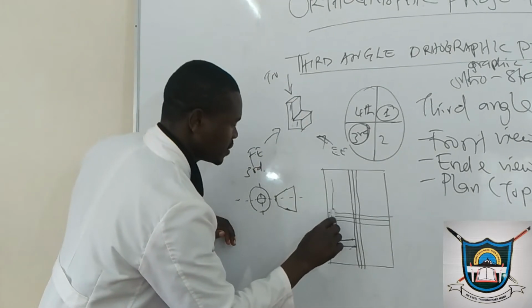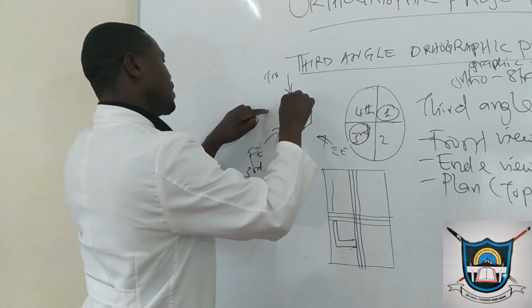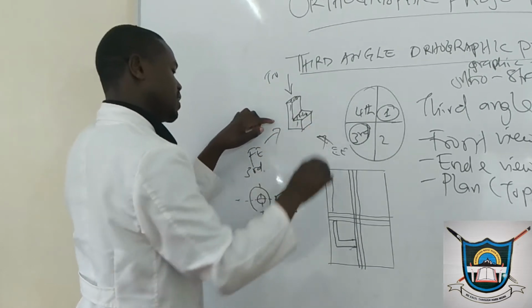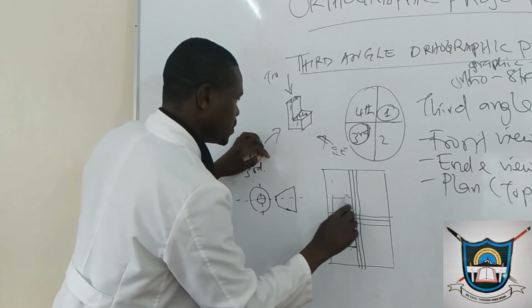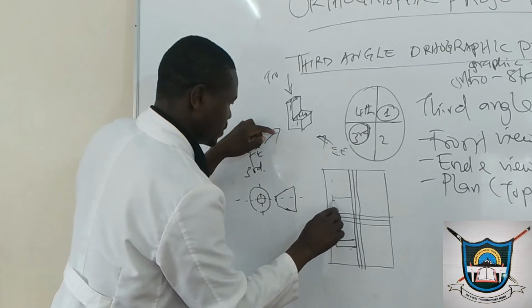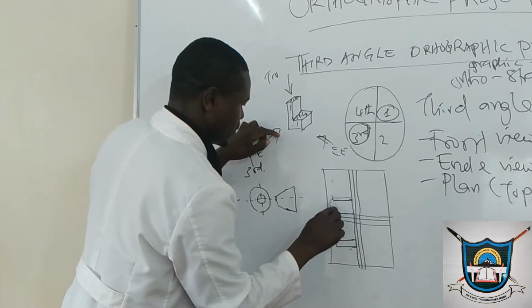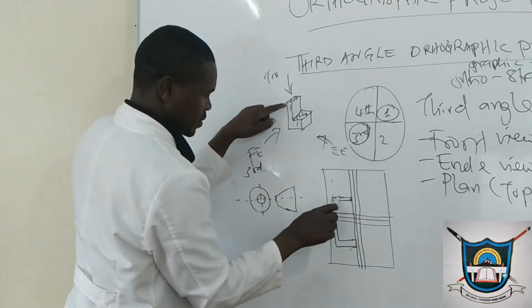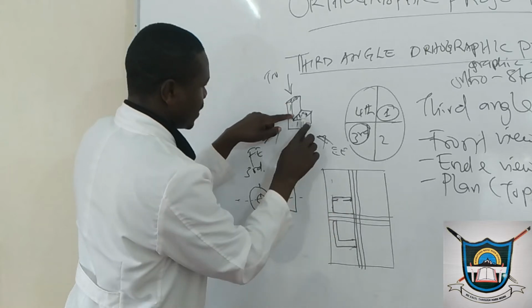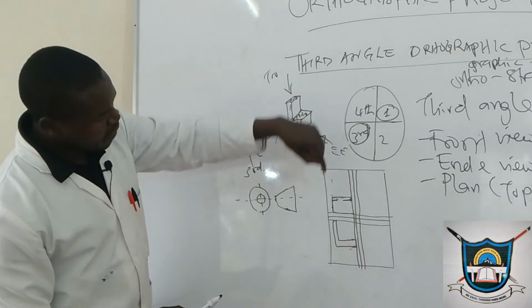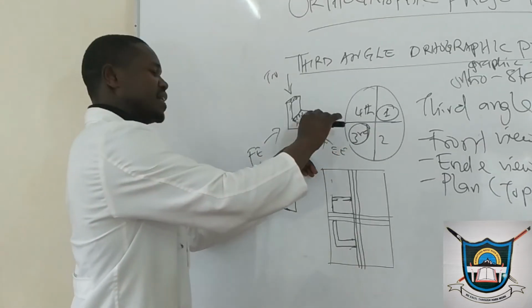I see this thing, I bring it on top. So I see this face. This is the top. I see this surface there, and I see this surface. Here you see this rim, and this one. Now, our end elevation: I see it on this side, I draw it ahead of me.